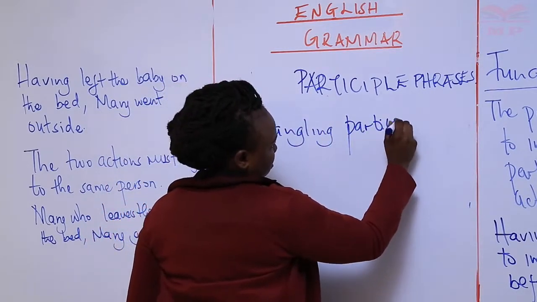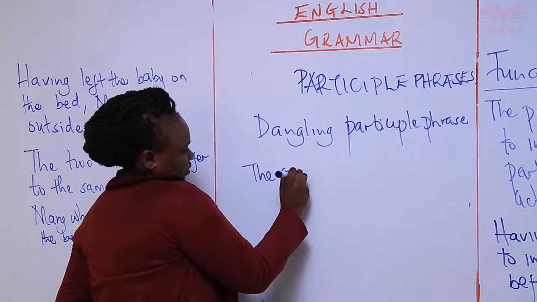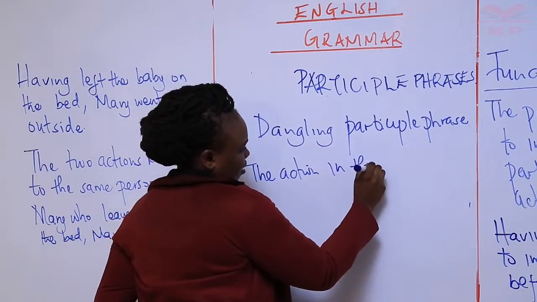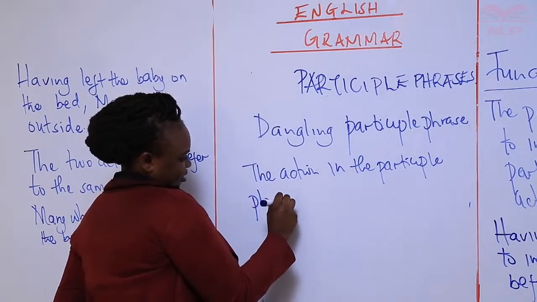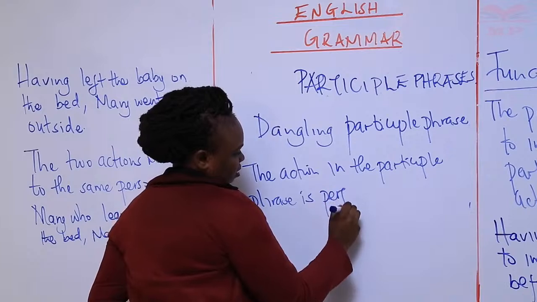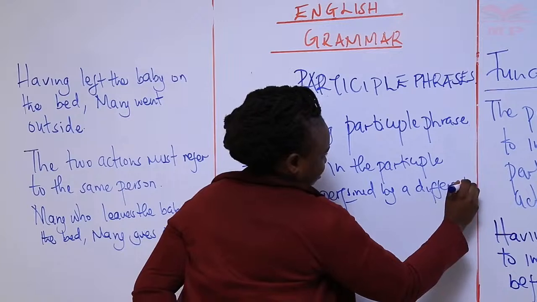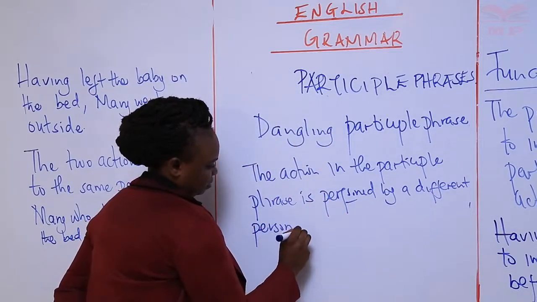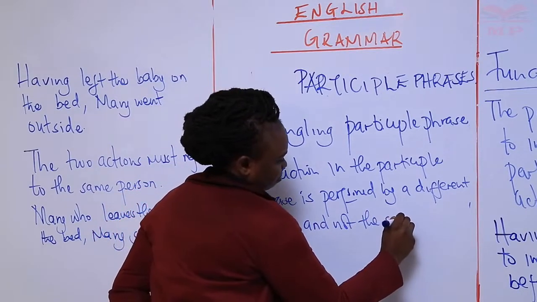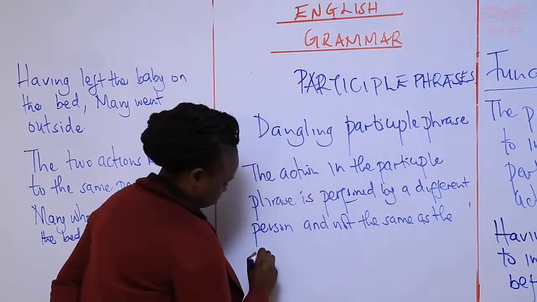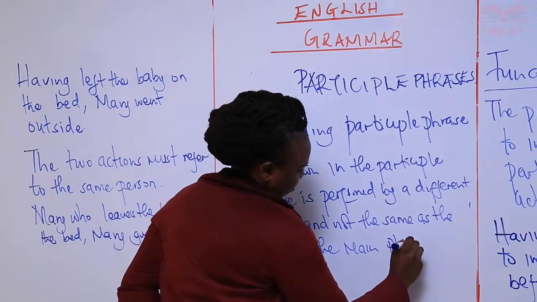For example, we have said the dangling participle phrase. Here, the action in the participle phrase is performed by a different person and not the same as the one in the main phrase or sentence.